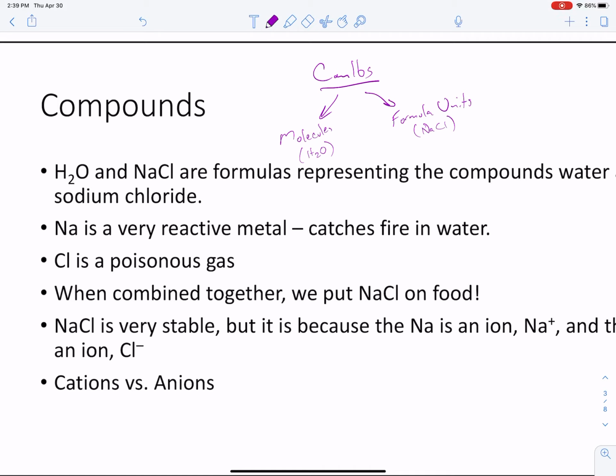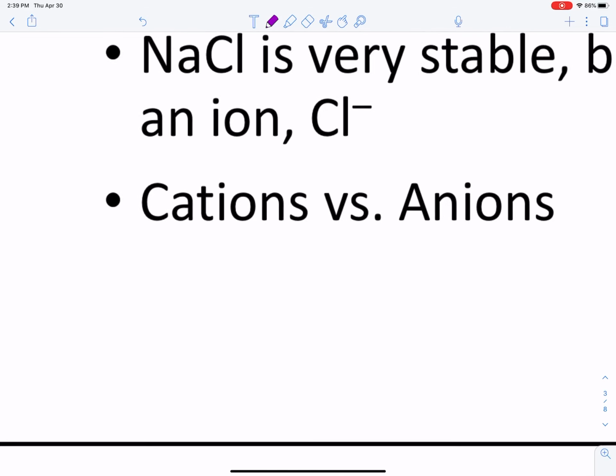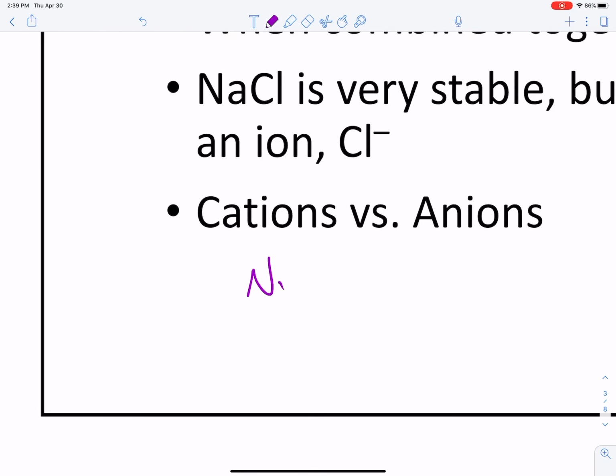So what we find is, with the sodium chloride, we have something kind of interesting here. We have an Na plus bound to a Cl minus, right? So Na plus is a cation, is how it's pronounced. So it's pronounced cat and then ion. And Cl minus is called an anion.